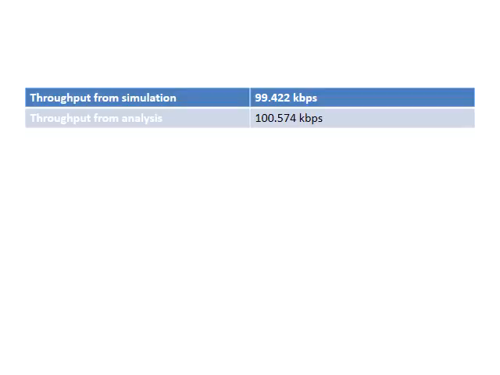There is a difference between the throughput from simulation and the throughput from analysis. This difference is because the simulation time can be adjusted, and as we will see, as the simulation time keeps increasing, our value keeps getting closer to the throughput from analysis, which is the theoretical value.